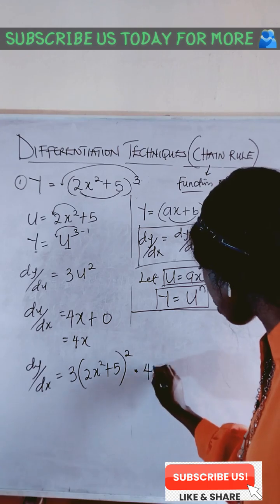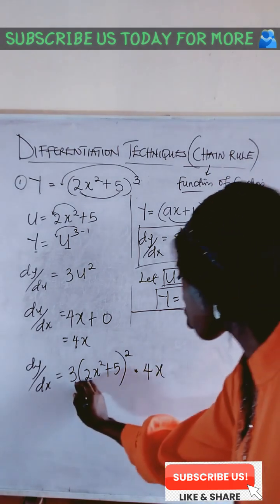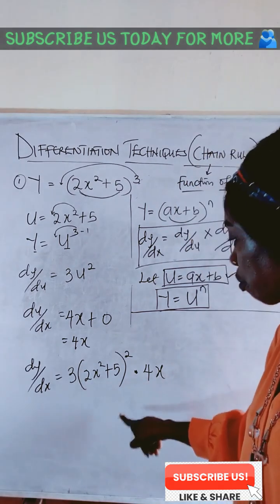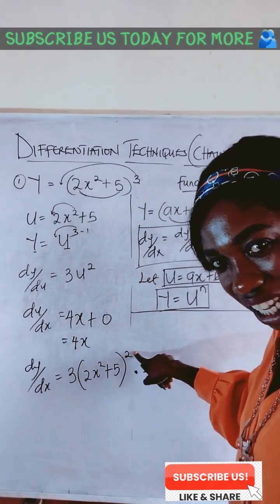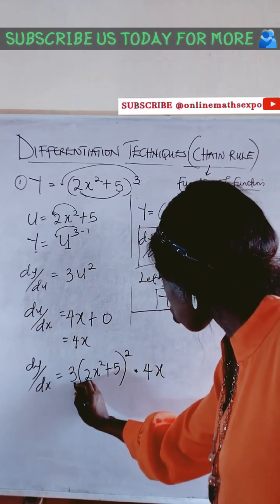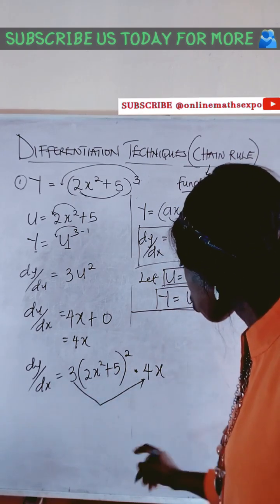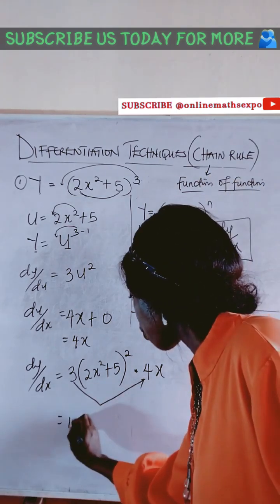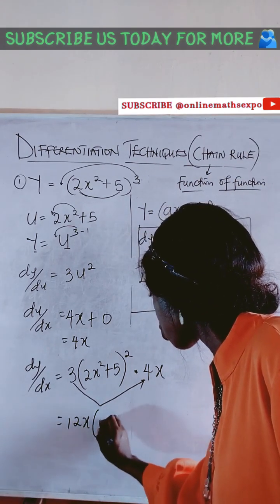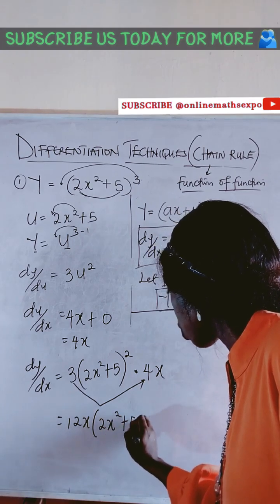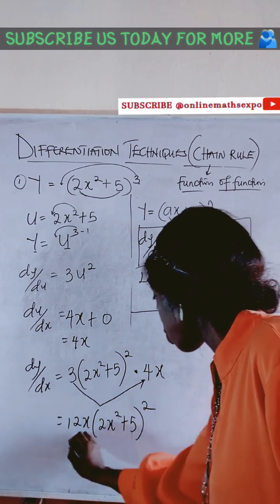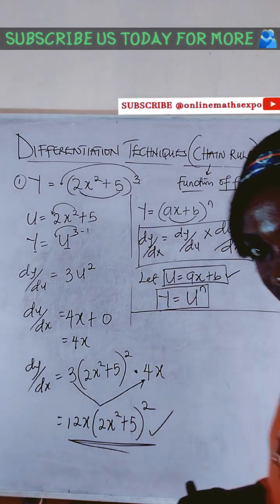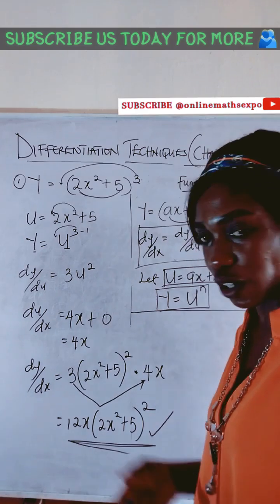So we're going to multiply by 4x. Remember, you cannot use this 3 to expand this, because of this power. So we're going to use this 3 to multiply this. 3 multiplied by 4x is going to give us 12x into (2x squared plus 5), all to the power of 2. And this gives us the same answer as what we did in the first explanation.